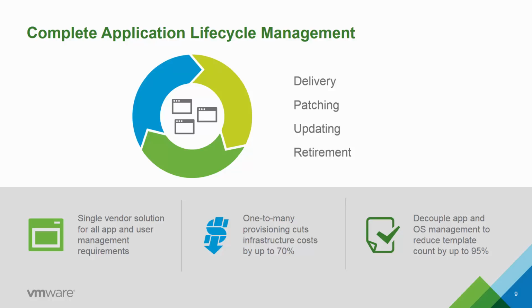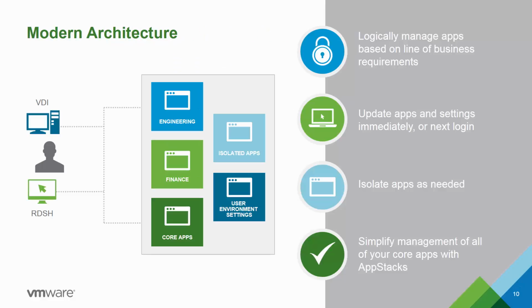capability in AppVolumes. One-to-many provisioning means capture once and deliver and scale to many devices or users, cutting infrastructure costs up to 70%. Manage up to 95% fewer templates when you decouple OS management from application management using AppVolumes. AppVolumes is built on modern architecture that allows IT to logically manage apps based on the line of business requirements.